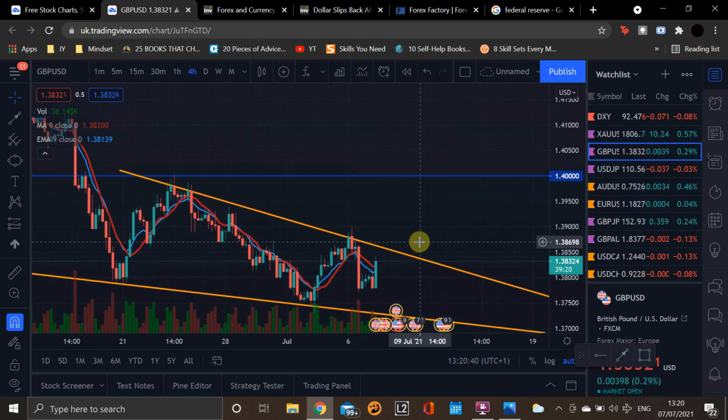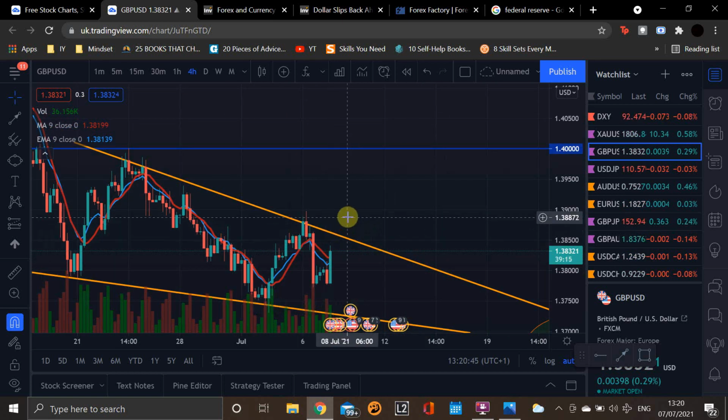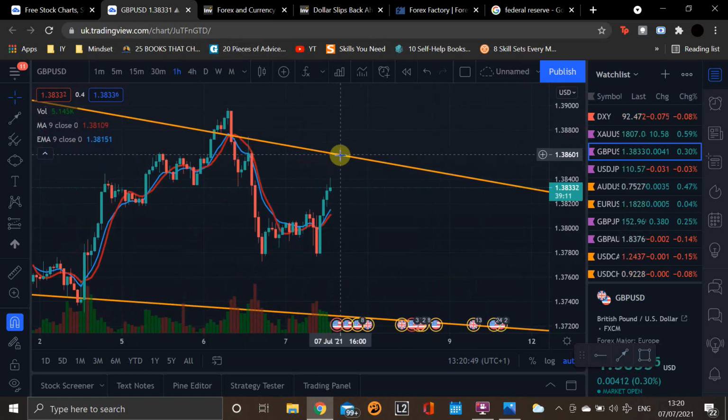So what can that tell us? So maybe it's trying to break out of this area so it can touch this area. I don't know how long it would take to materialize here.